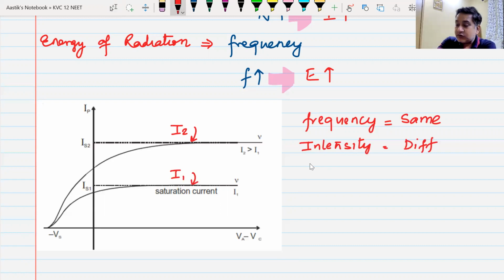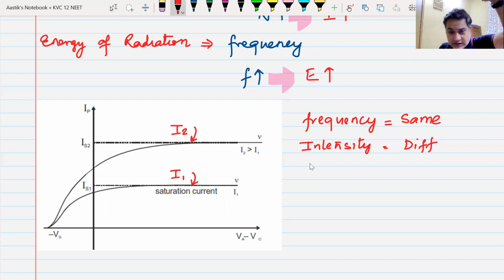Can you tell me by looking at the graph which intensity is more, I2 or I1?